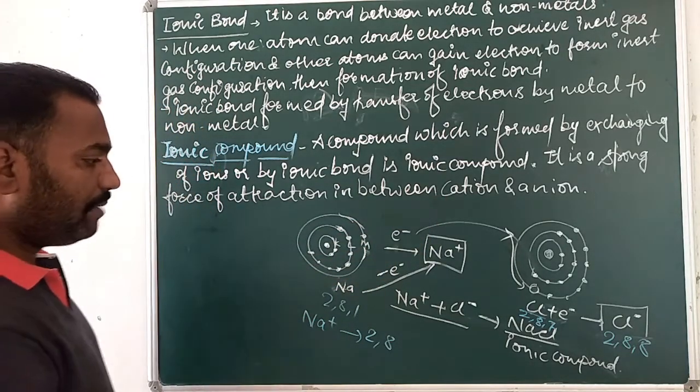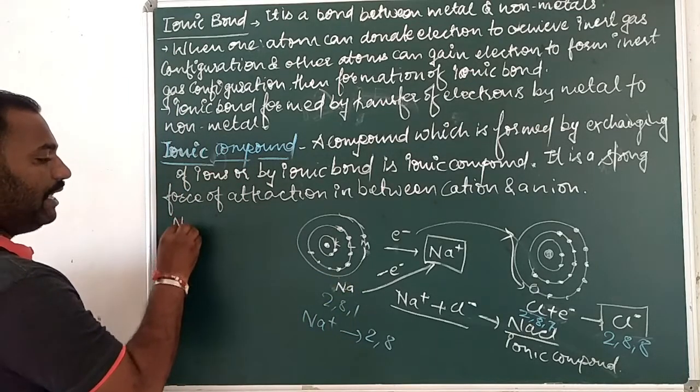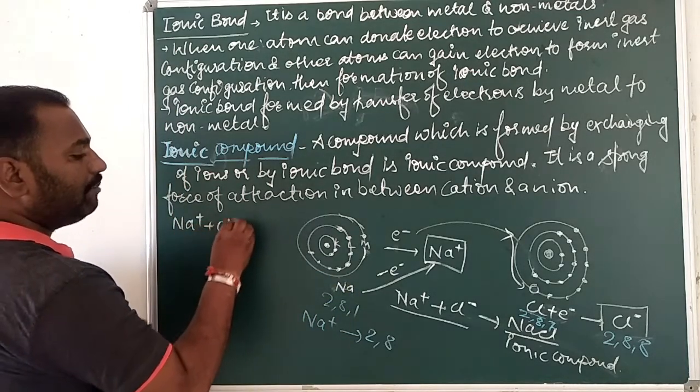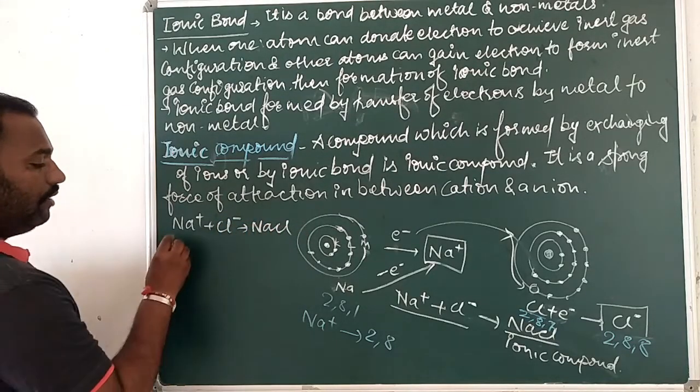Some more examples we have to see here. Na plus and Cl minus form NaCl.